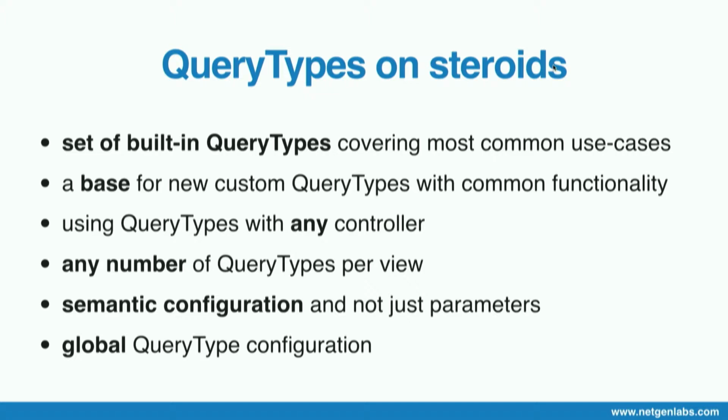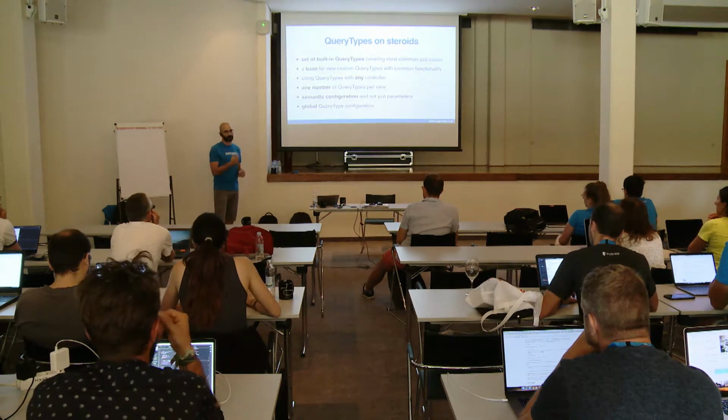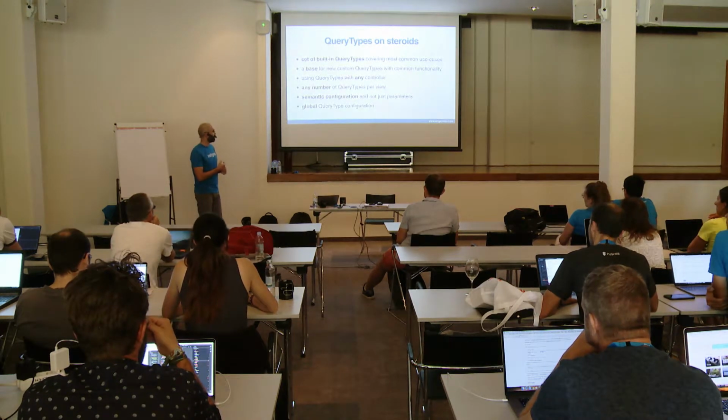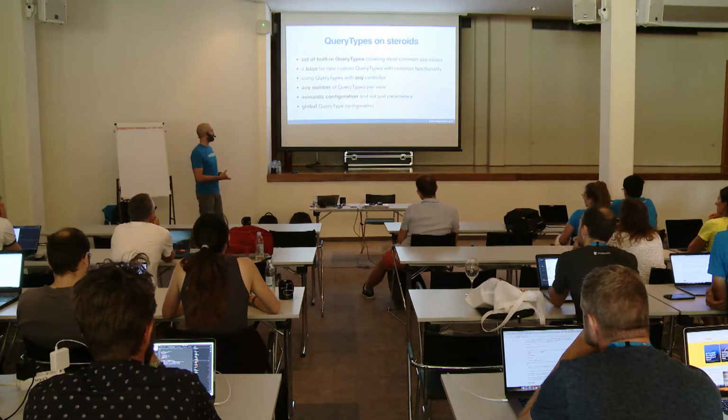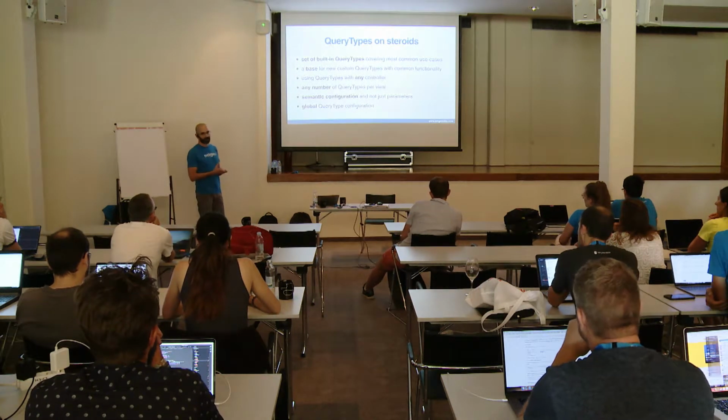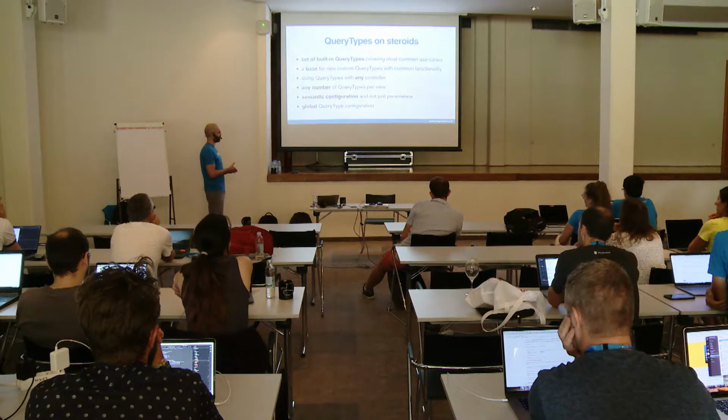We enabled using query types with any controller, not only with the query type controller, which you will be familiar with if you use this feature from the kernel. You can configure any number of query types per view, not only one. We also introduced semantic configuration, not just parameters. And we also introduced global query type configuration.